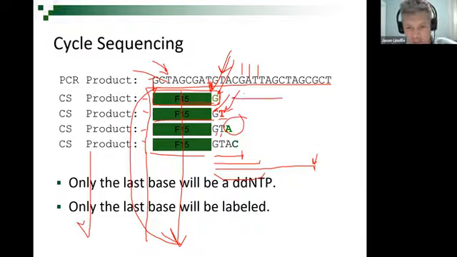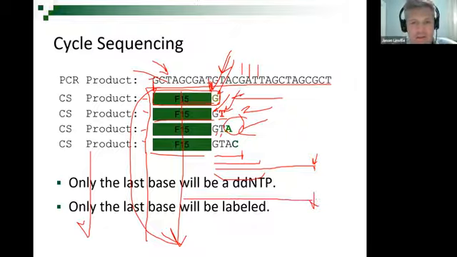Some look like this, some look like this, some look like this, okay? All the way through to where you have 899 and the 900th one is a special. Now, in reality, sequencing doesn't work well past 500 base pairs, but we're going to sort of ignore that for now.